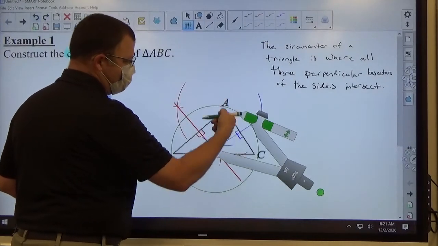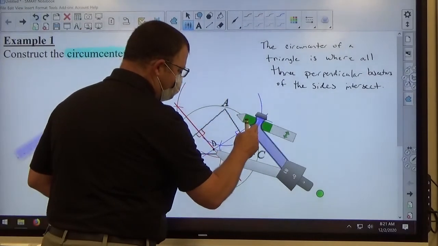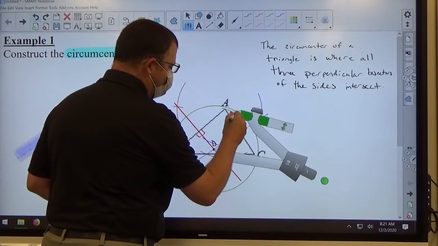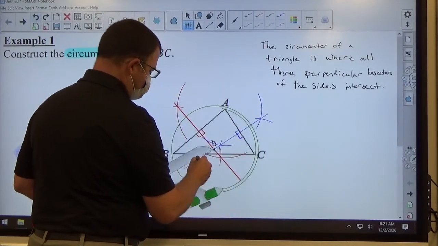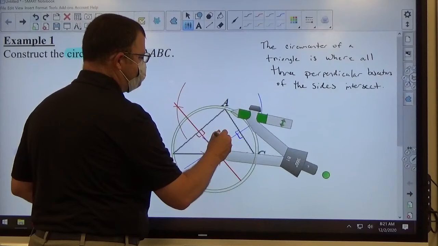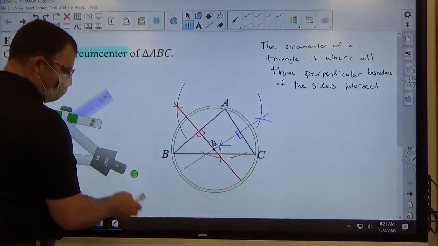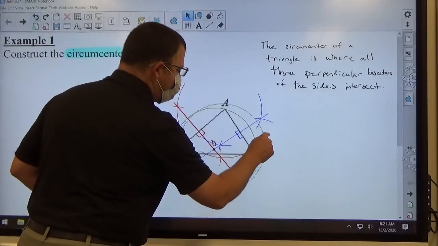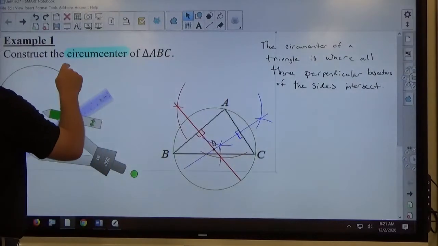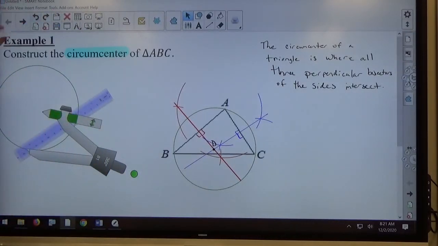Again, mine's off by a little bit because my compass just won't cooperate. I guess that's a little closer. There we go. I like the second circle better.